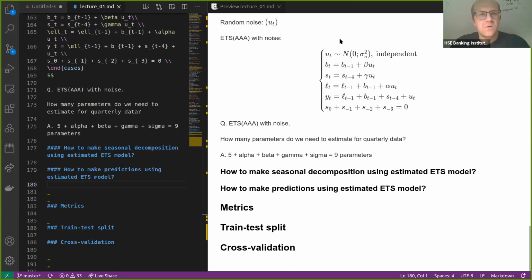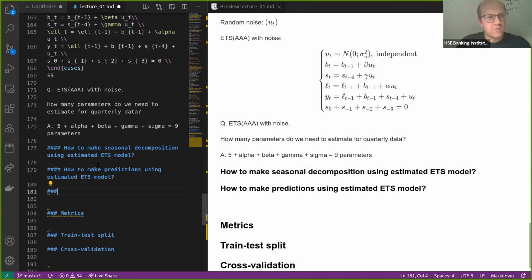Okay, so let's have a break and we will continue after a small break. The plan is how to make seasonal decomposition using the estimated ETS model, how to make predictions using the estimated ETS model. Maybe we will write the likelihood function for a simple model.